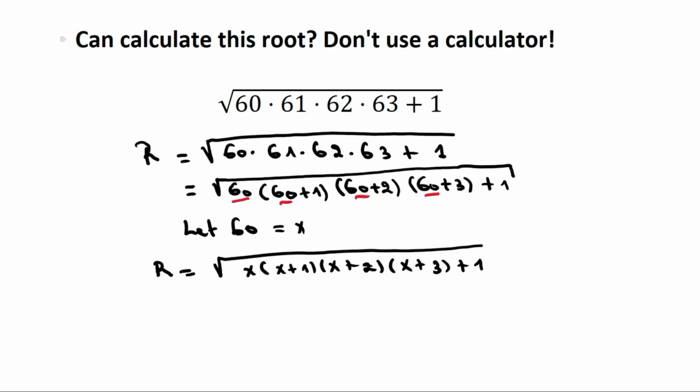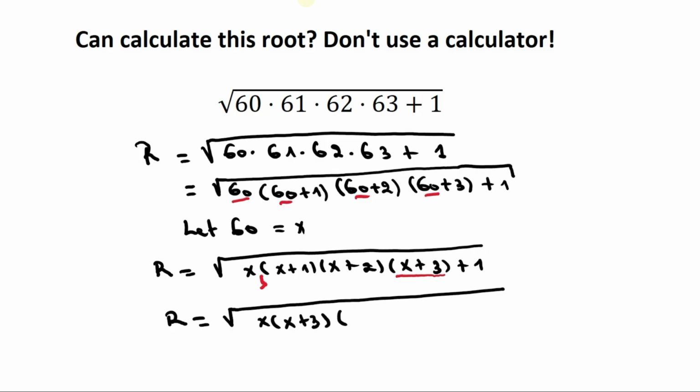At this stage, I interchange the position of these factors. I take it from here, then I bring it here. And then our root will become r equal to the square root of x times x plus 3 times x plus 1 times x plus 2 and then plus 1.